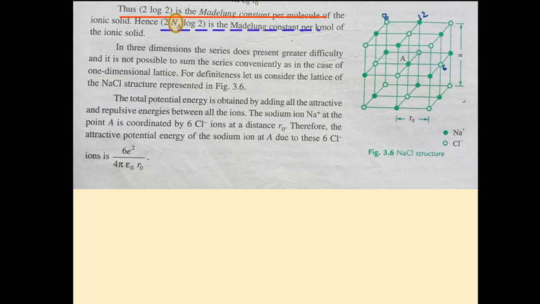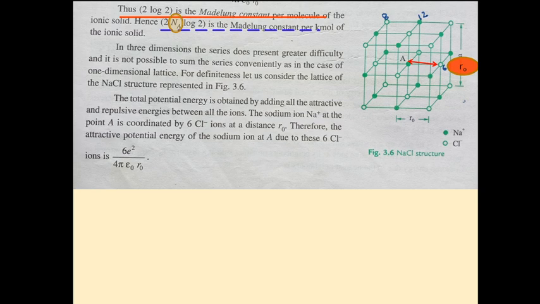Here I would underline the process, and that is, let us calculate how many ions are at an identical distance. From the position A, this distance is basically the R0 distance, or the equilibrium distance.